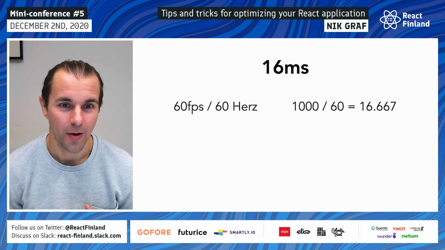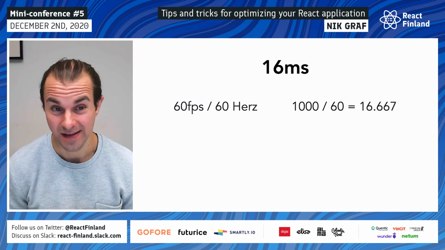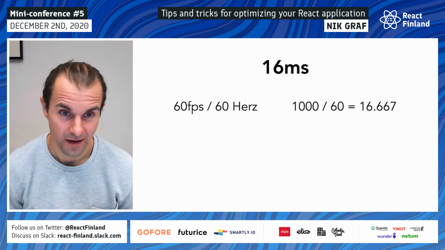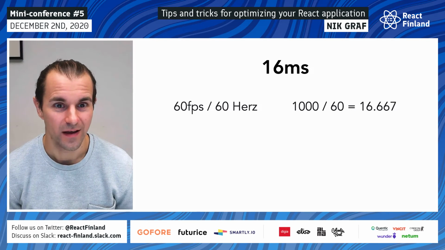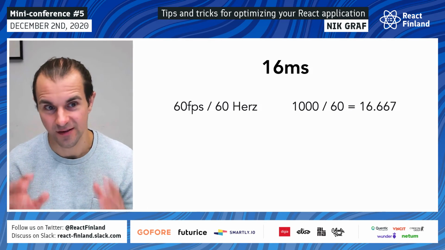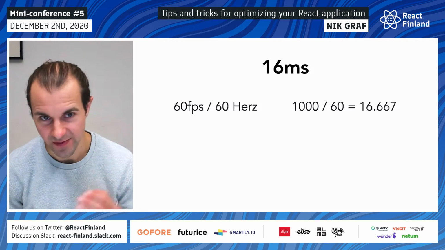And 1000 milliseconds divided by 60 results in 16 milliseconds. So this is the fastest our screens can go.